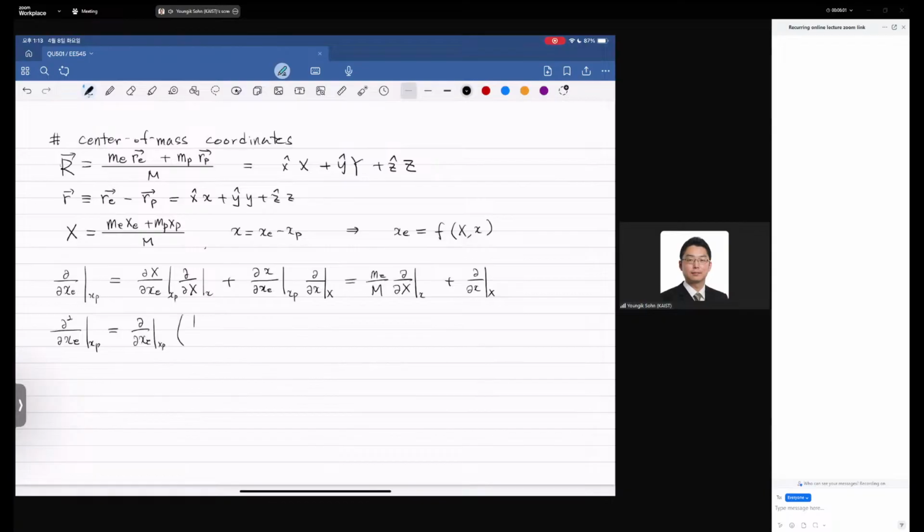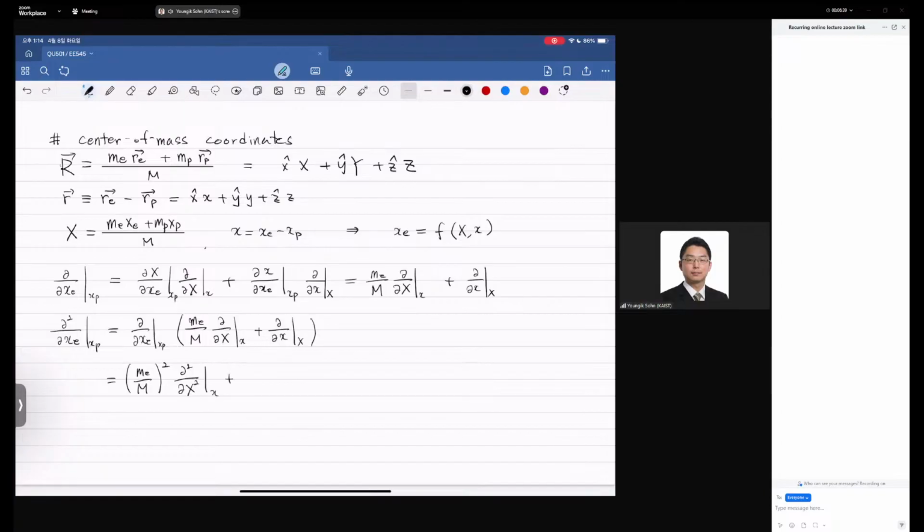What we just calculated is this one, which is m_e over m squared, because for the first term you get it again, so you have this squared term.